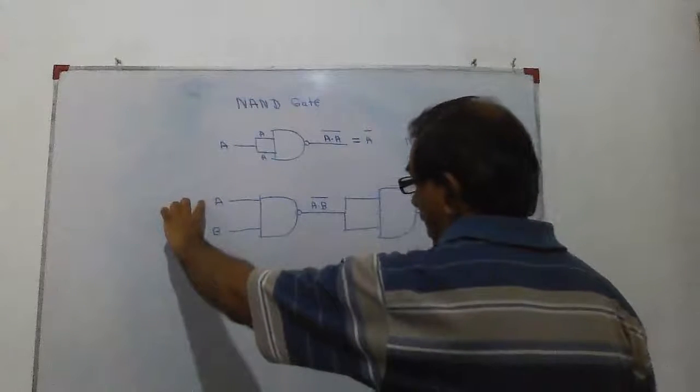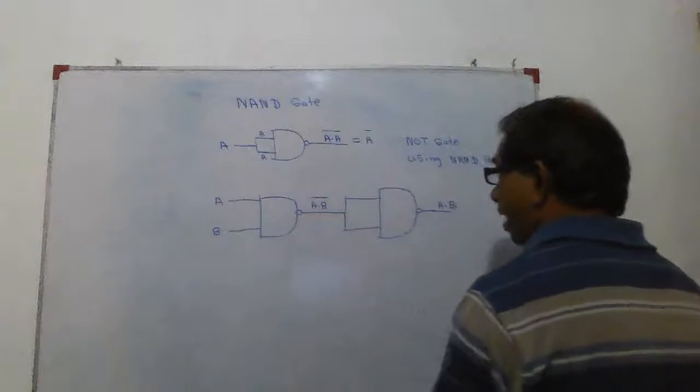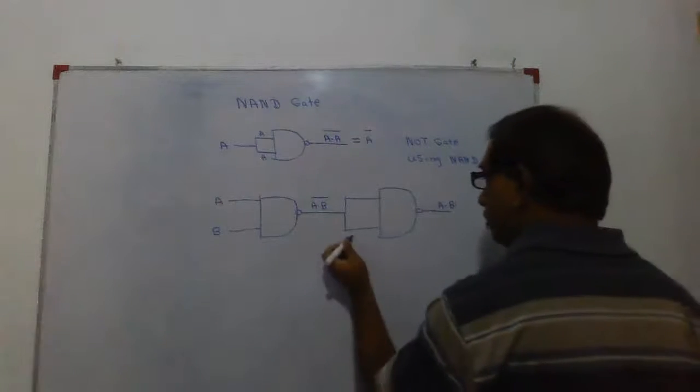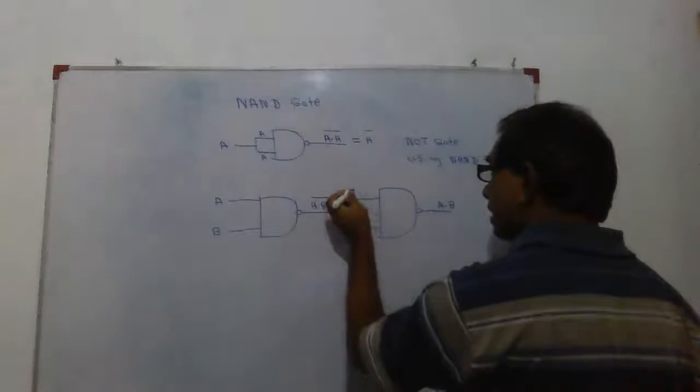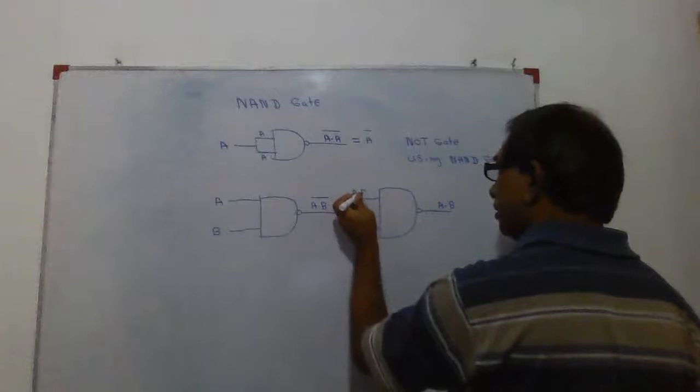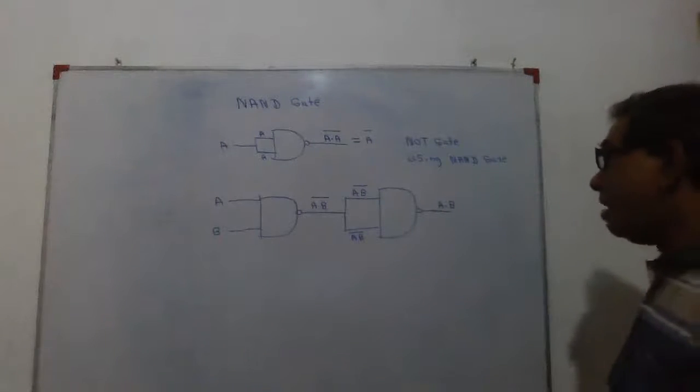See, you input A and B and you take the output as A and B bar. Then you input A and B bar from both sides. A and B bar, A and B bar.